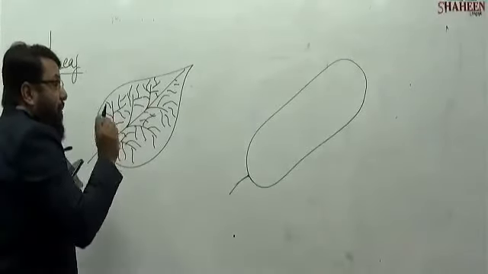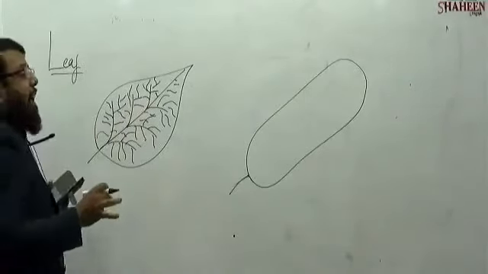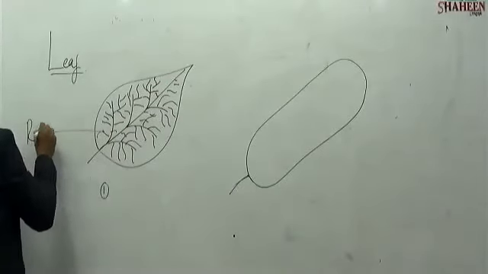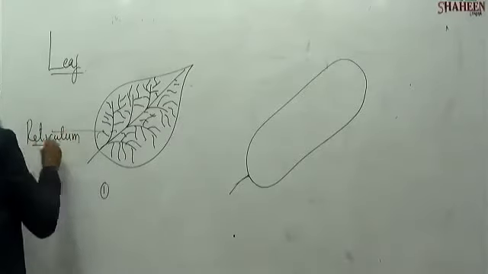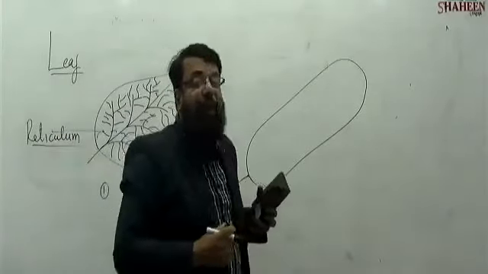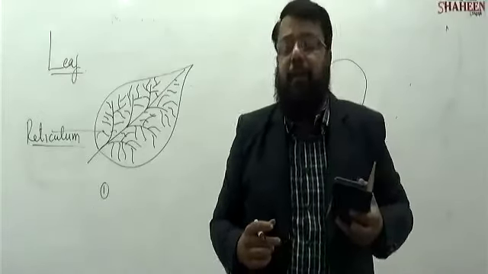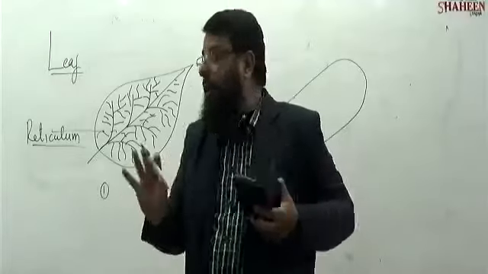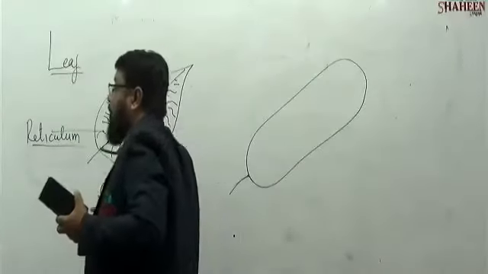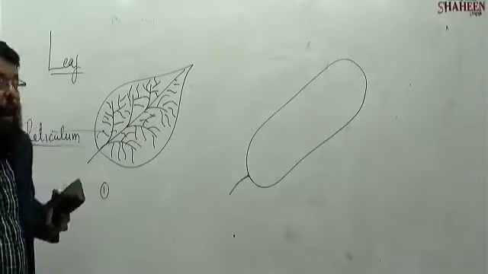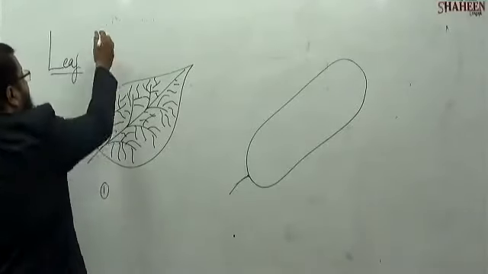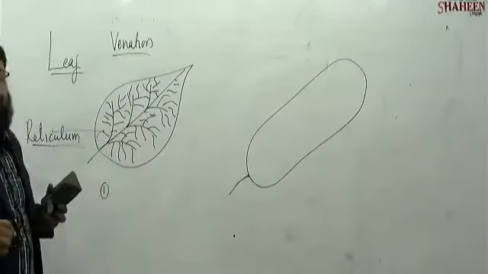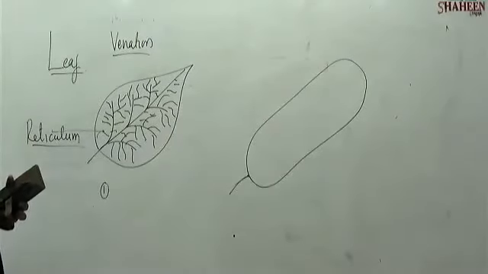The vein and veinlets present in the leaf lamina form a network called a reticulum. Remember the word. The network of veins and veinlets is called reticulum. This arrangement of veins is nothing but venation.